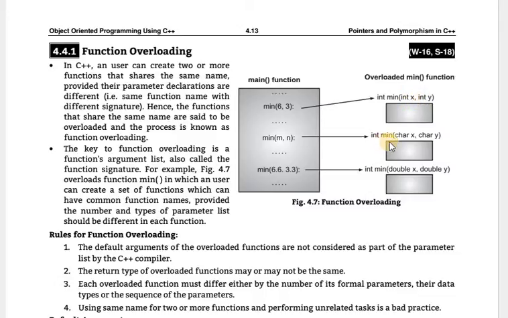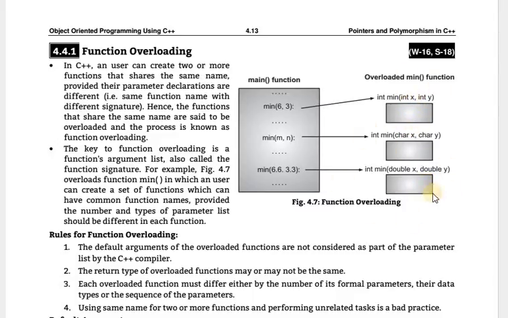The second min function again has two parameters, but these two parameters have the data type character, and the third one has the same two arguments but with double as the data type. So all the names of these functions are min, and the number of arguments is the same, but the data types of these arguments are different.